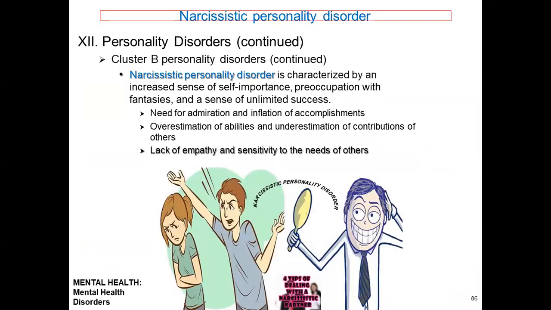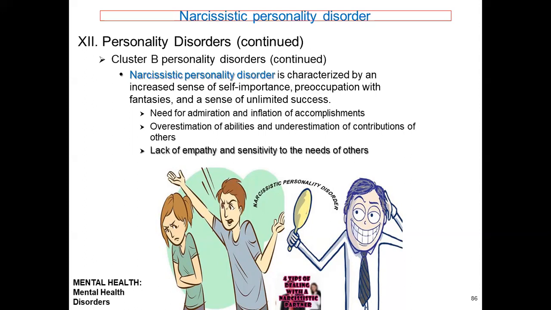So the other Cluster B type is narcissistic personality disorder, characterized by an increased sense of self-importance or preoccupation with fantasies and a sense of unlimited success. This group of people has grandiosity or is preoccupied with fantasies of power or success.